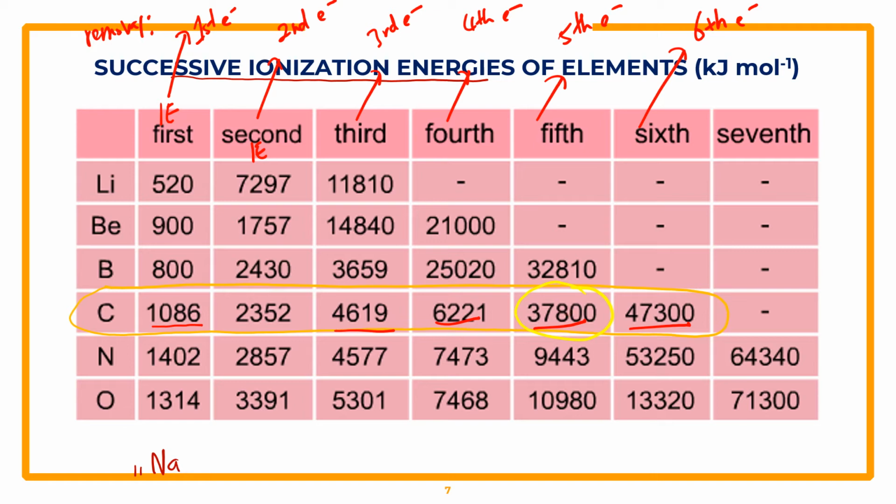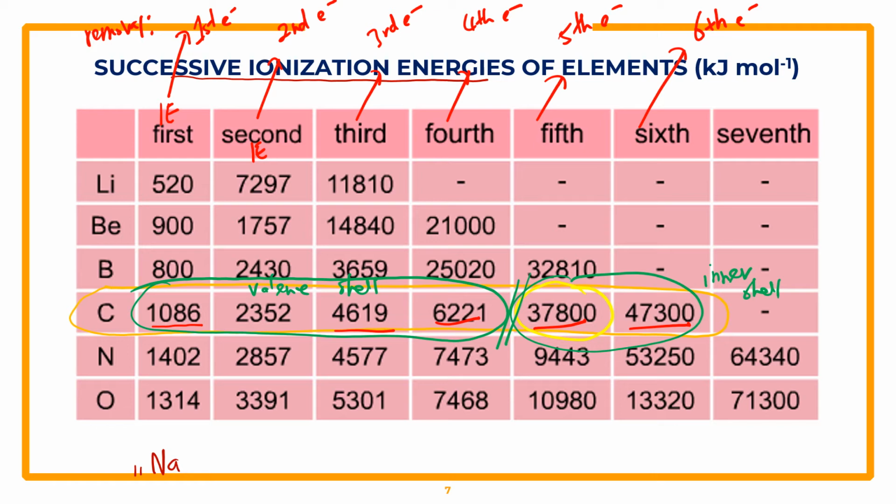So di sini kita dah boleh nampak bahawa dia punya separation dia di sini. Okay, menunjukkan bahawa 2 elektron ini berada di inner shell dan 4 elektron ini lagi berada pada valence shell.